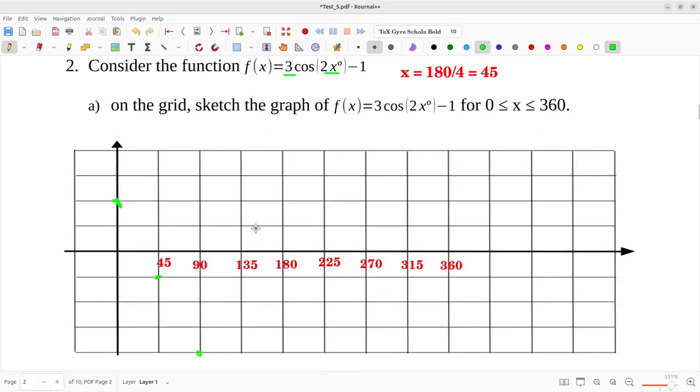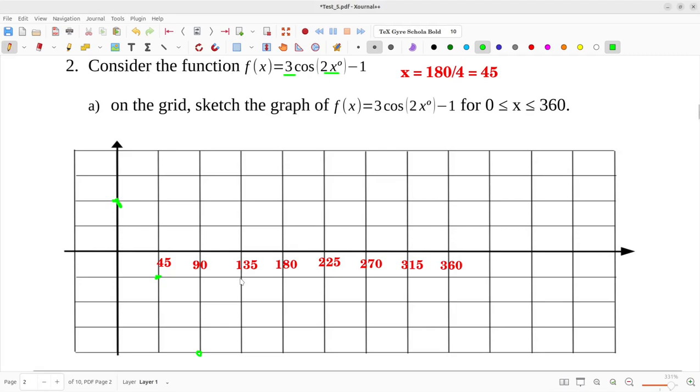Next, 135. 135 times 2 is 270. Then cosine 270 is 0. 0 times 3 is 0.